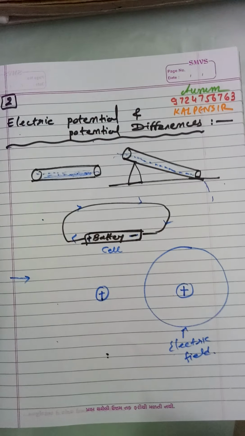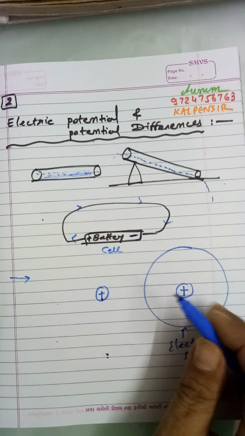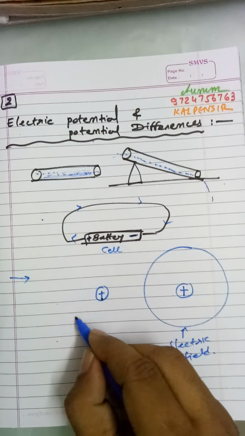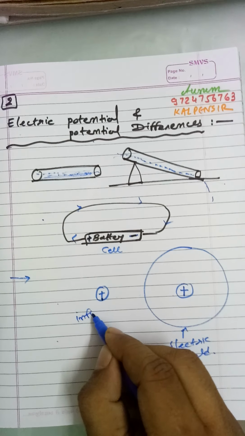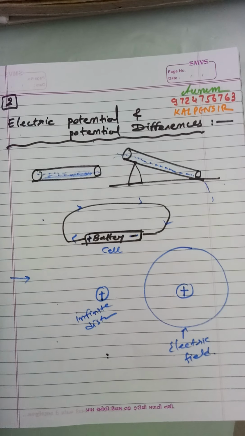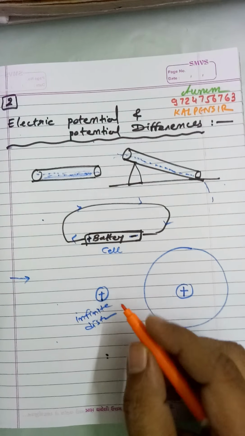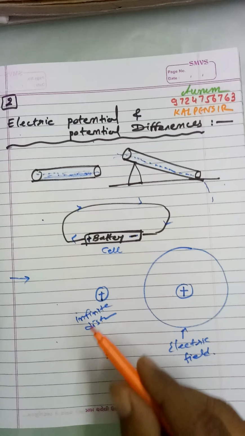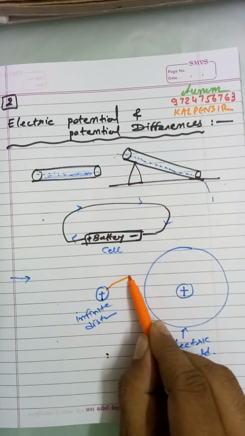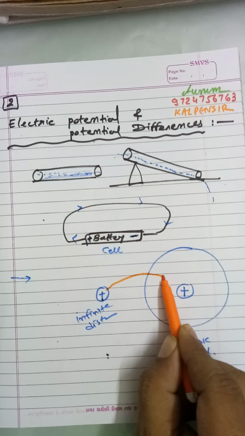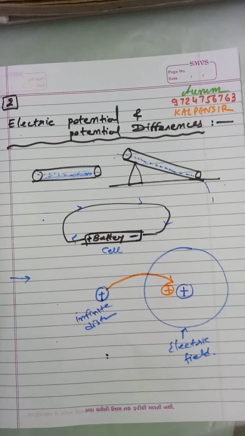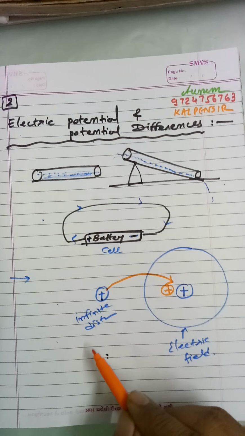Another positive charge is at infinite distance, outside the electric field. So the work done in moving a unit positive charge from infinite distance to that point, if we want to bring it here, is called electric potential.